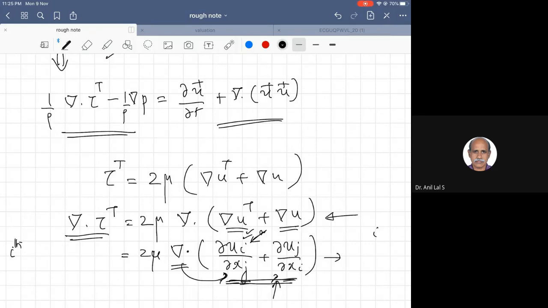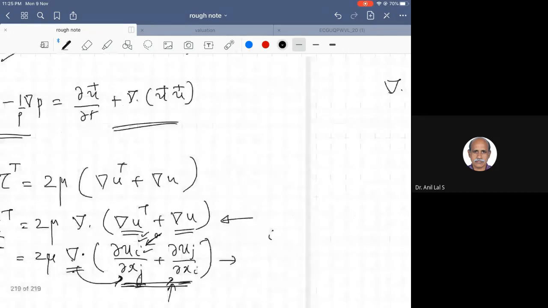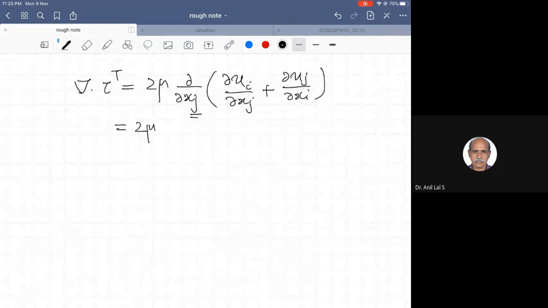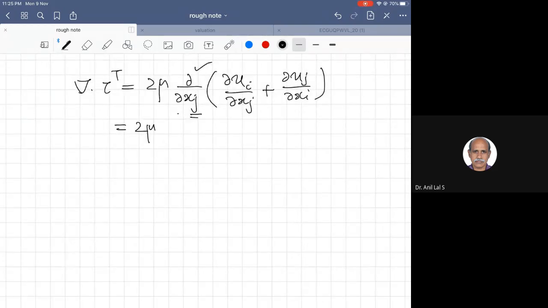Because dou by dou xj is used, the j index goes on summation and i will be present. Here also the j index goes on summation and i will be present. This dotting obtained by operating dou by dou xj is not exactly del dot tau transpose, but its ith component.